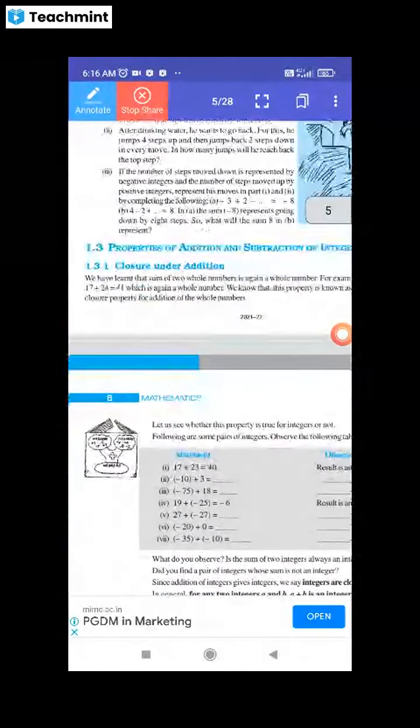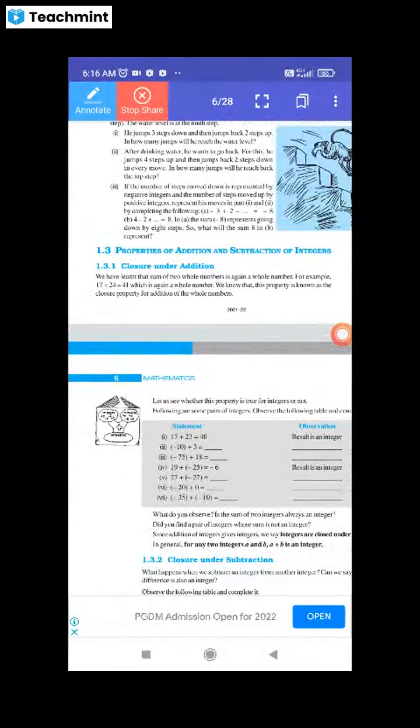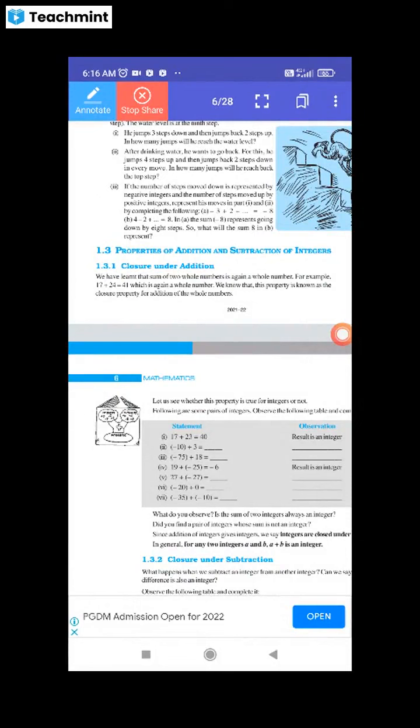See here. Properties of addition and subtraction of integers. Here, closure under addition. You know addition and subtraction, isn't it? So integers means where to where? Ma'am, minus 2, minus 1, 0, plus 1.